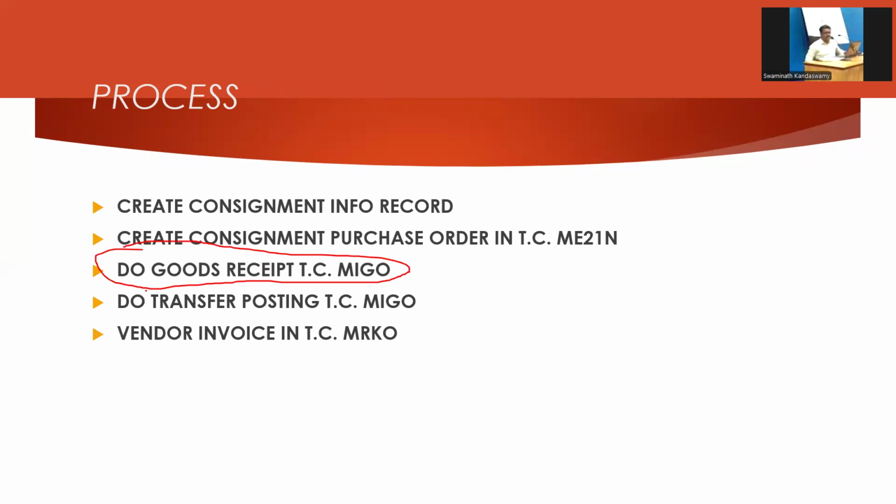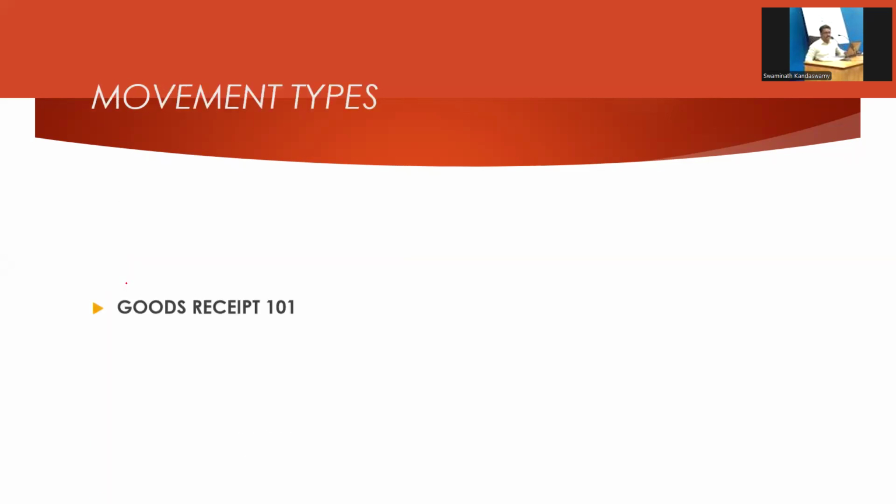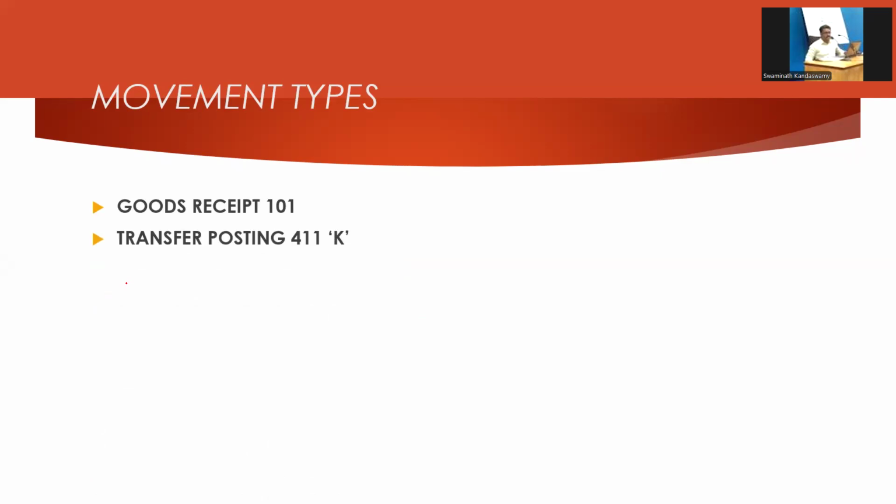And after doing this transfer posting in MIGO, it becomes company stock. So for the goods receipt, it is movement type 101. And for the transfer posting, it is movement type 411K. First one is 101 movement type. Next one is 411K movement. Transfer posting is 411K movement type. They may ask you this question.